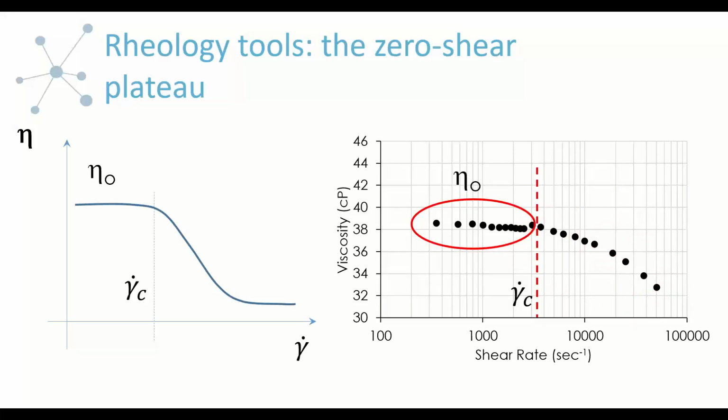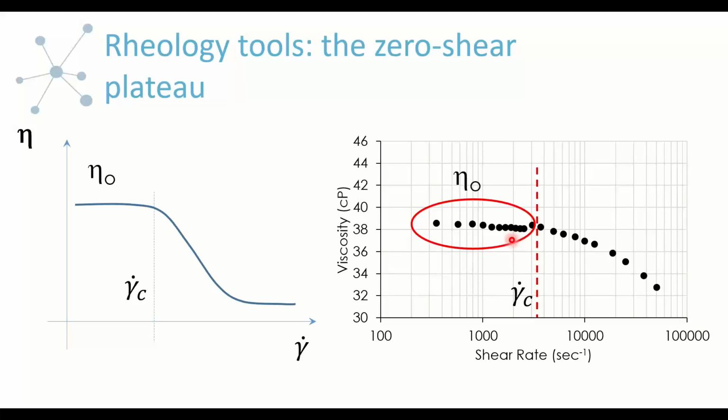And then in the idealized case, at really, really high shear rates, we get to another Newtonian plateau, which is often called the infinite shear plateau because it's at extremely high shear rates that you will observe this behavior. In fact, the shear rates are so high, we can't even get to that plateau region on our instrumentation with bovine gamma globulin.